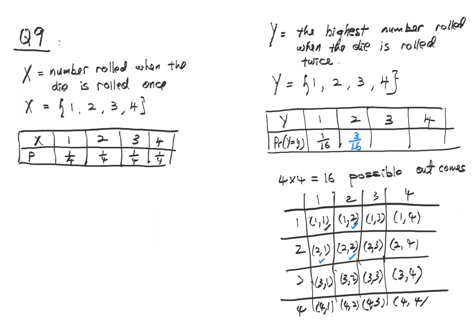For 3, this one, this one, this one, this one, and this one. So it's 1, 2, 3, 4, 5. So 5 out of 16. So the rest are 4: 1, 2, 3, 4, 5, 6, 7. 7 out of 16. Done. It won't take you long to do this. See or not? So the rest I don't have to answer already.